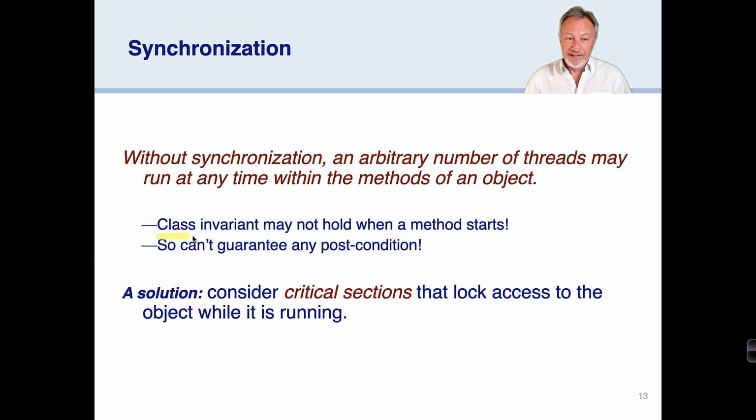There's a class invariant. The class invariant, if you recall from your basics of object-oriented programming, states which the legal states of an object may be. So what are the valid states? And all the public methods assume that the class invariant holds. That is, that the object is in a clean state when you start executing.